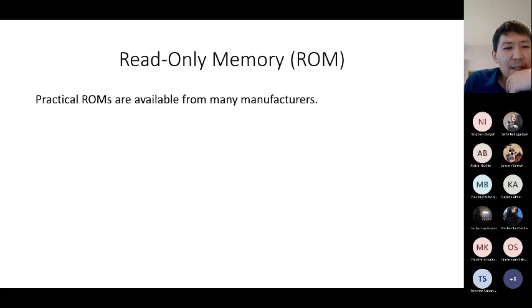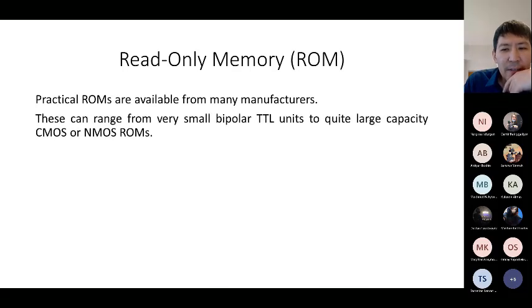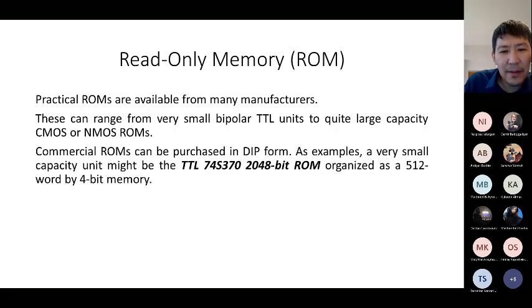Of course, there are practical ROMs available from many manufacturers, but they already have some code inside. For example, there is the TTL 74S370. It is a 2048-bit ROM organized as 512 words, so it has 512 lines, and in each line you can organize 4-bit information.